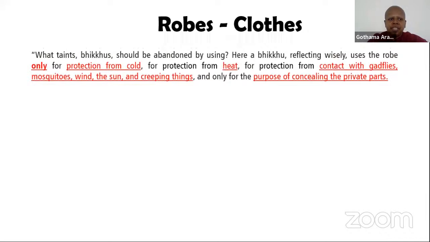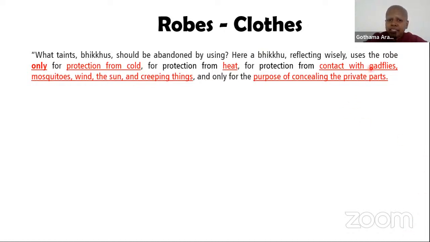Let's see how Lord Buddha spoke about using. Okay, now this one you will have to read. What taints, bhikkhus, should be abandoned by using? Here a bhikkhu reflects wisely. You know the wise attention.